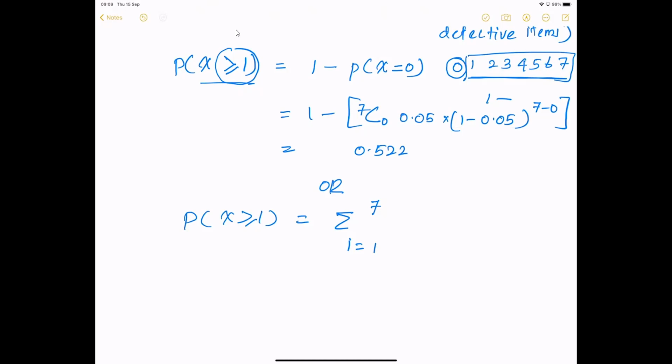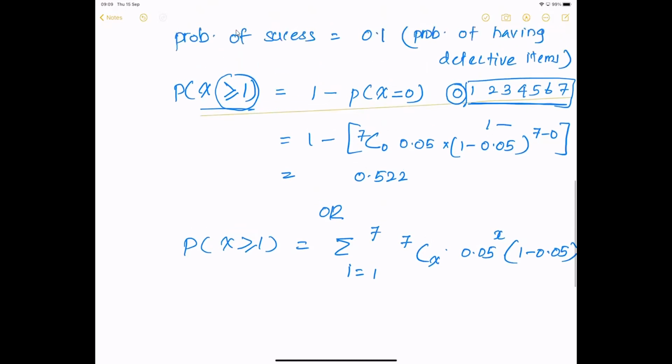So this one should be 7 choose x into 0.05, sorry, this one should be 0.01 to the power x.